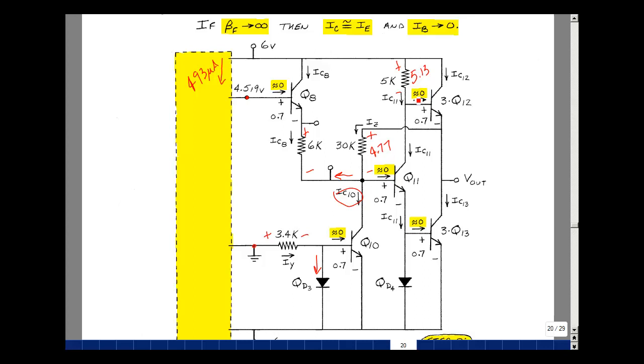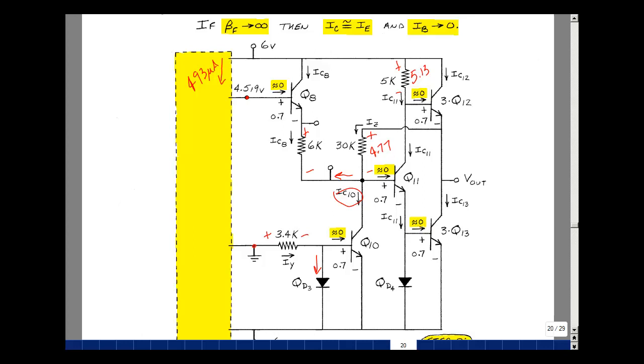For the base current here, we solved for this and it was 64.78 microamps, and the current that's flowing in here was equal to 1.026 milliamps, and that's about 15 times bigger than what we solved for here. Lastly, for transistor 13, we found the current here to be 61.6 microamps with a beta F of 50, and the current for I sub C11 was 1.026 milliamps. And that's about 16 times bigger than the current that's going in here. So those are reasonable assumptions.